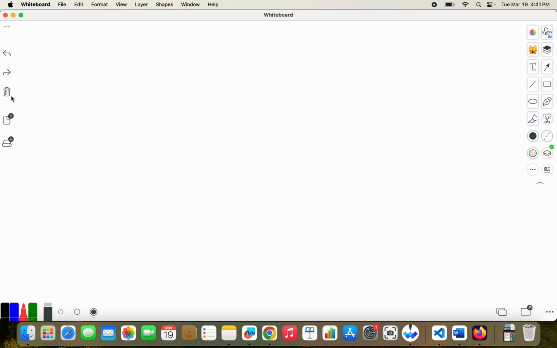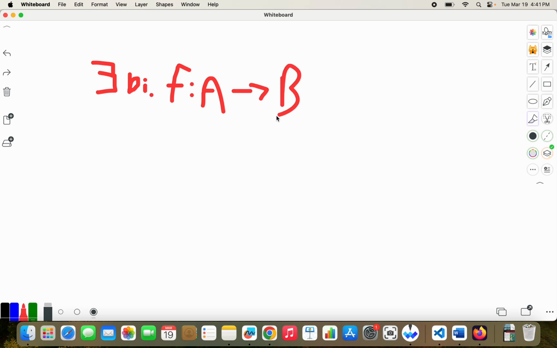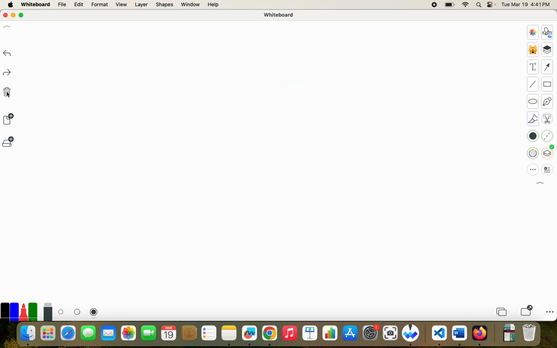Two sets A and B have the same cardinality if there exists a bijective function F from A to B. So there's a bijective function F from A to B, which is basically like pairing each element with another, except this is a function only.